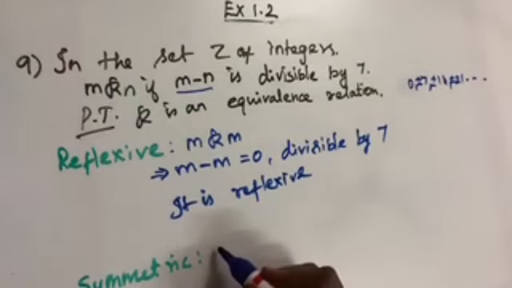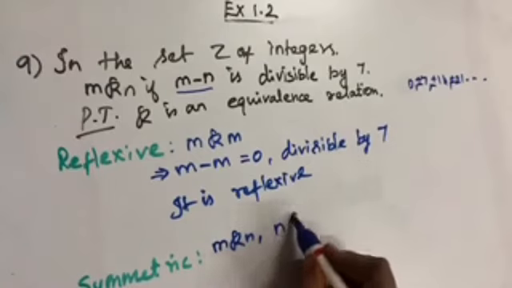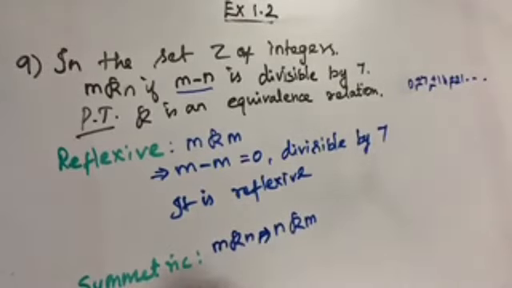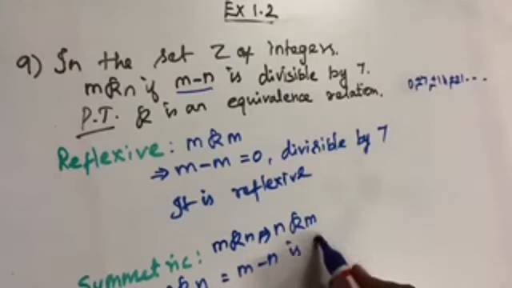Second one, to prove it is symmetric, if m is related to n, n also should be related to m. Okay, so m is related to n means m minus n is divisible by 7.